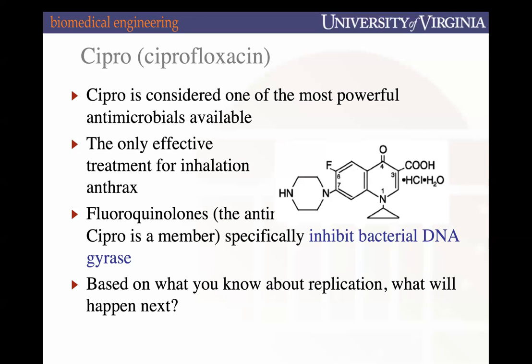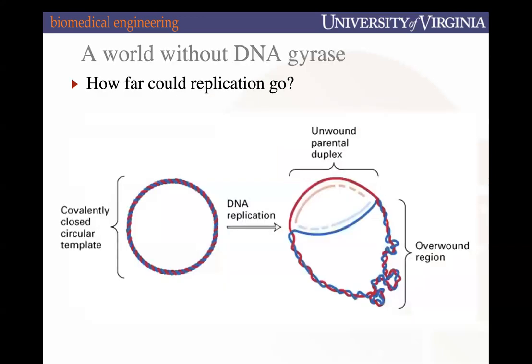I just scooped myself for the next question of, based on what we know about replication, what will happen next. If ciprofloxacin is disrupting their gyrase, as replication proceeds, the replication machinery is no longer able to extend. The polymerase won't go any further because it's hitting a physical barrier with this supercoiling that's not being alleviated.